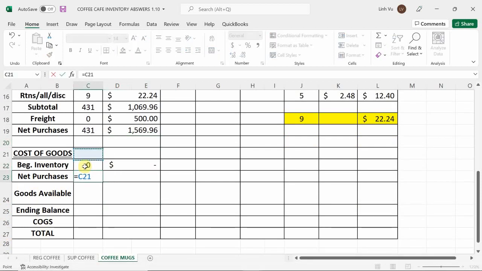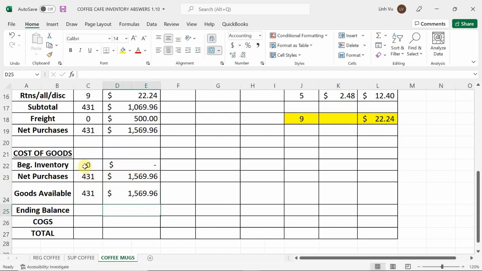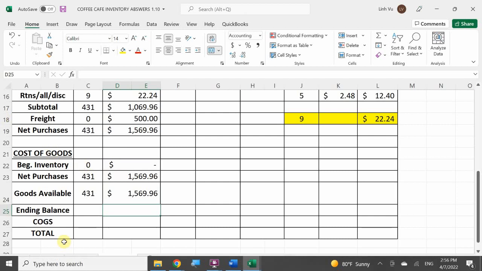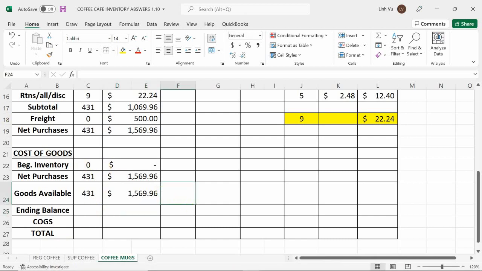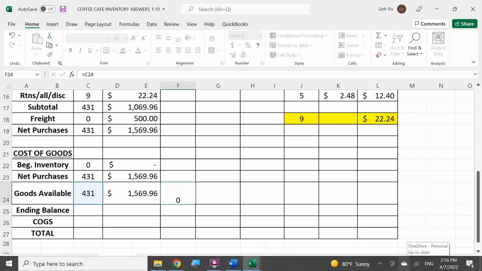So if I were to bring down my net purchases, what's my total goods available? It's going to be whatever your net purchases is. So that means in grand total, this is how many units I have to sell, and this is how much it's going to cost me in grand total.